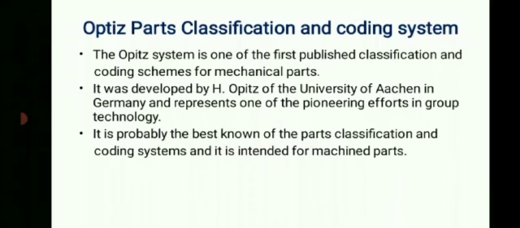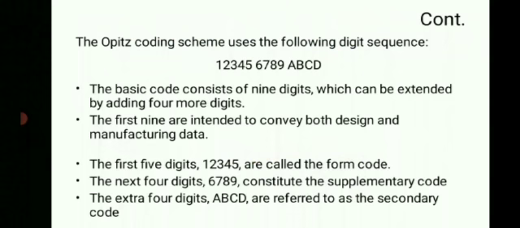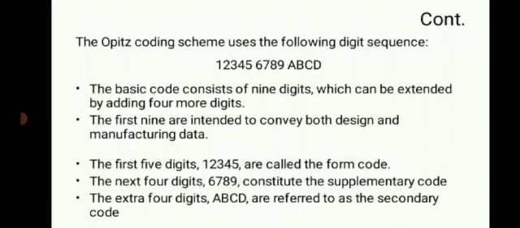It was developed by H. Opitz of the University of Aachen in Germany and represents one of the pioneering efforts in group technology. It is probably the best known of the part classification and coding systems, and it is intended for machined parts.